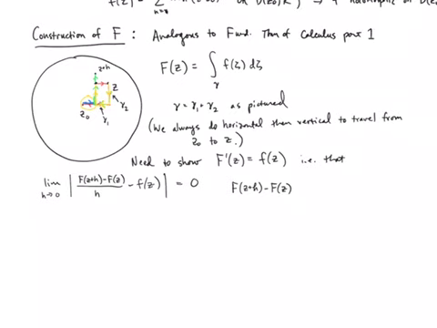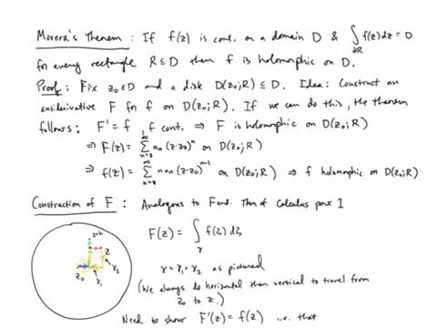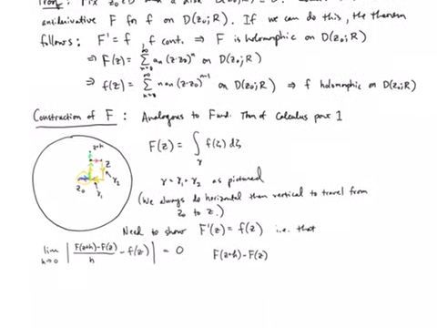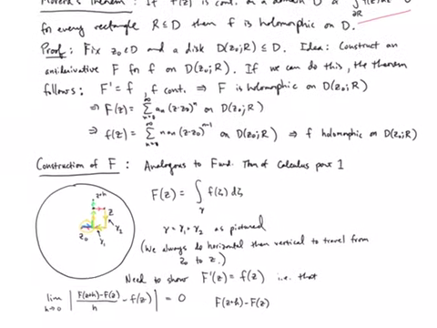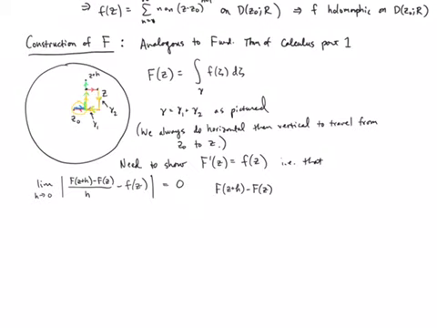But the assumption of our theorem is that f satisfies that any integral around a rectangle is equal to 0 in the domain where our function is defined. So these three yellow legs plus the red leg is equal to 0.